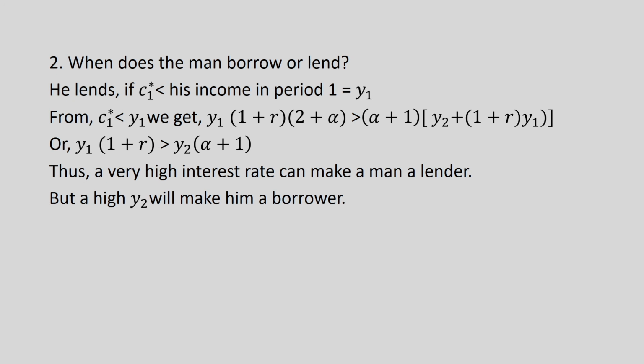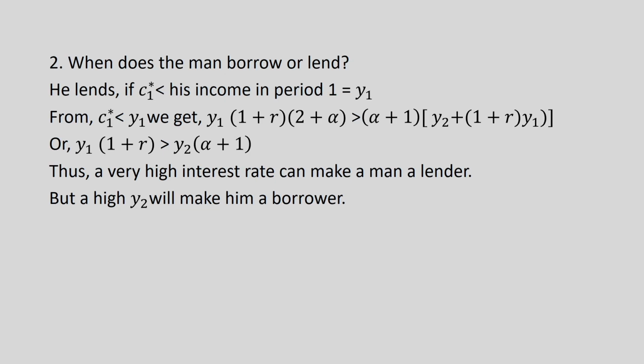The second observation is this. This is just trying to answer the first question we had started with: when does the man borrow or lend? He lends if his optimal consumption, which is C1 star, is less than his income in the first period. What is his income in the first period? It is Y1. So this condition is C1 star less than Y1.